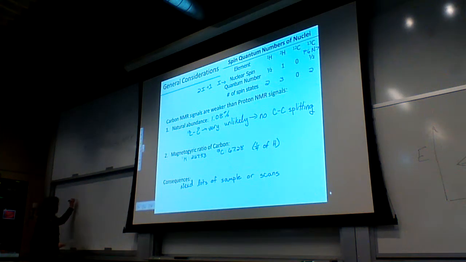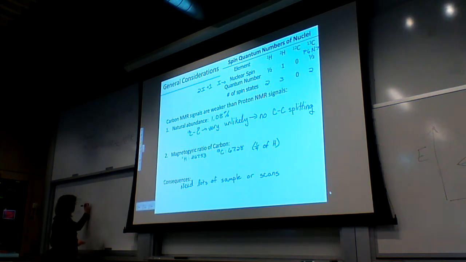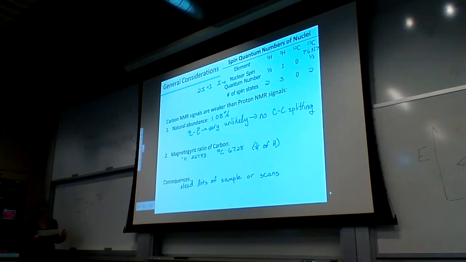So N upper versus N lower is going to be equal to e to the power of delta E over kT.